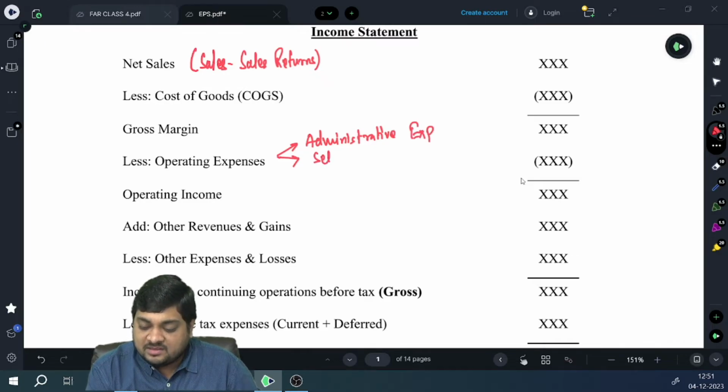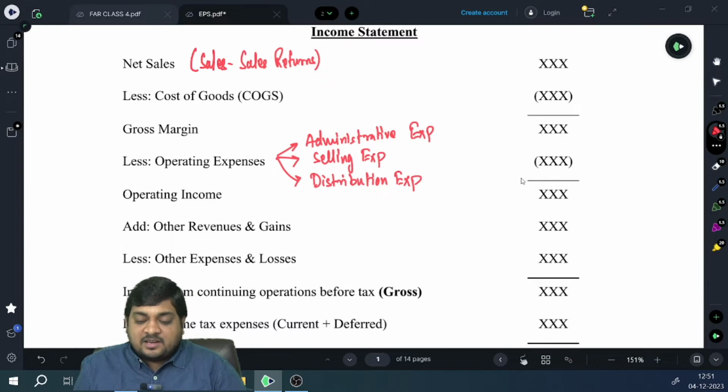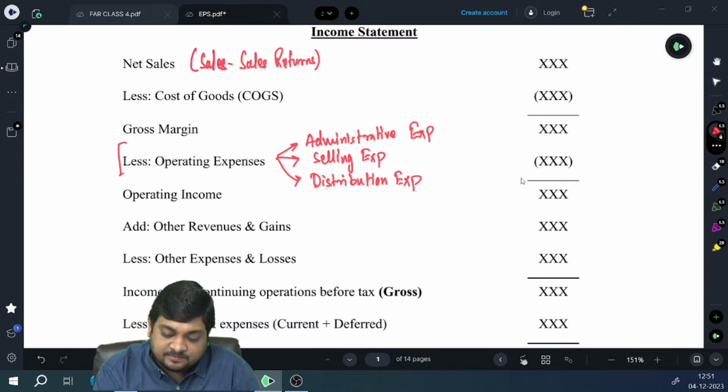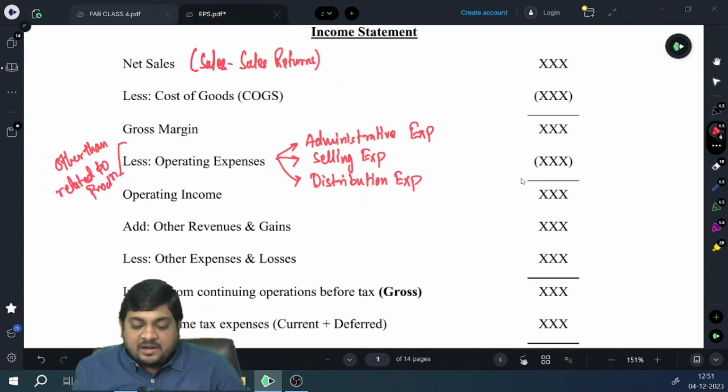We have selling related expenses. We have distribution expenses, right? So any expenditure other than related to production will be my operating expenses.